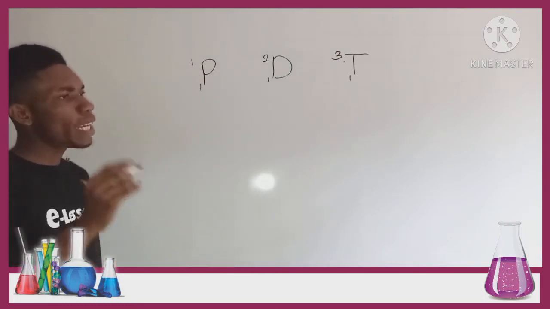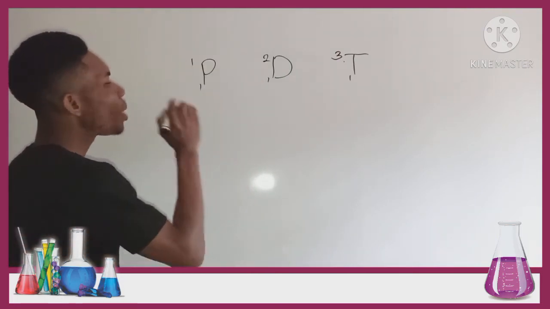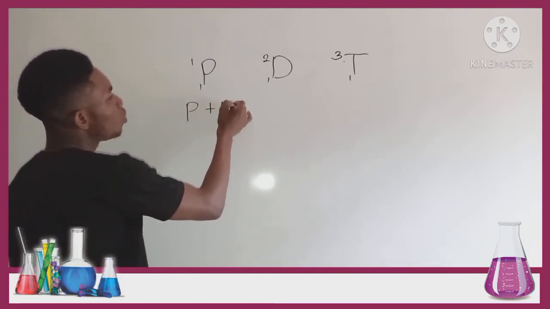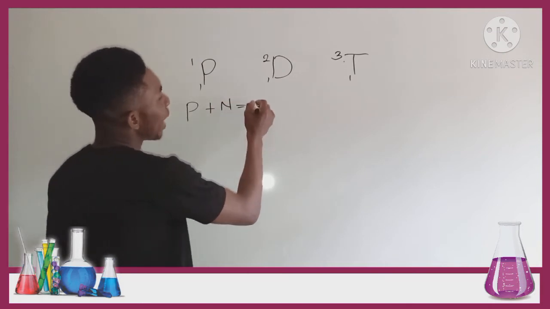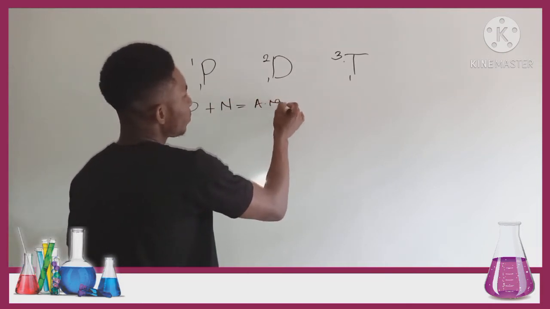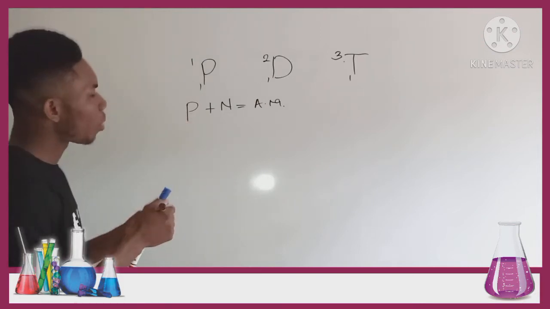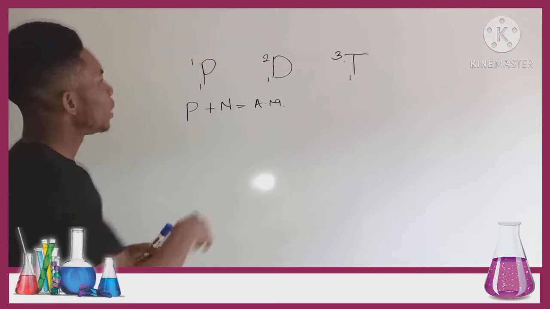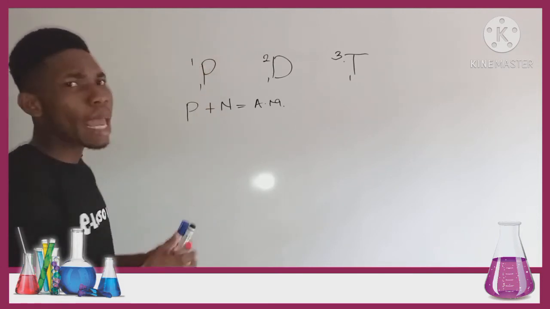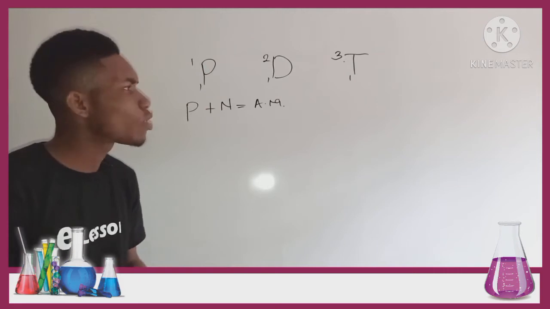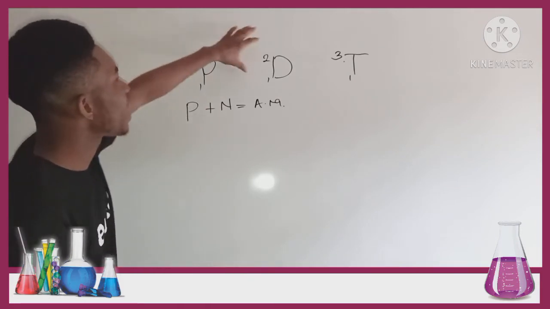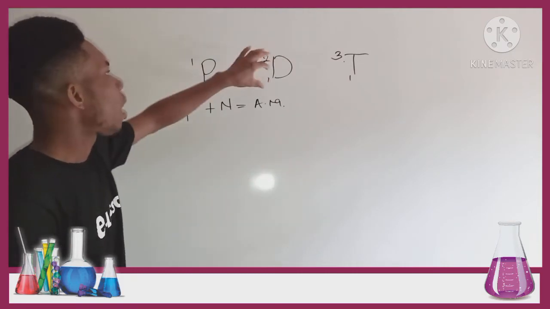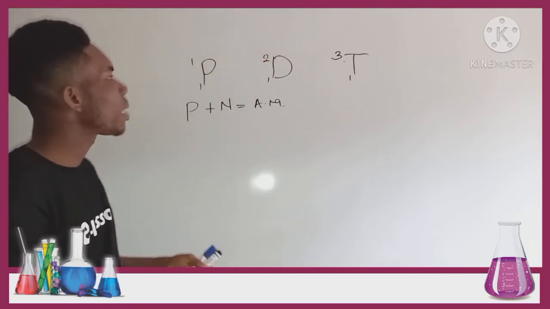Now, from our previous study, we established that the number of protons plus that of neutrons is equal to the atomic mass. The superscript here for each of them is the atomic mass or the isotopic mass, while the subscript is the number of protons, which is the atomic number.